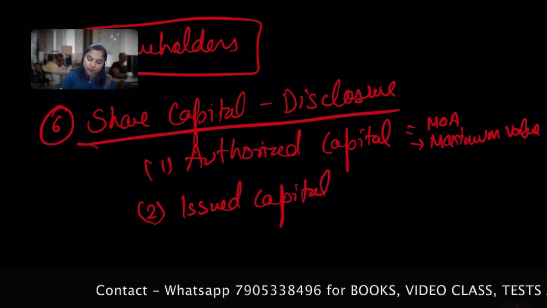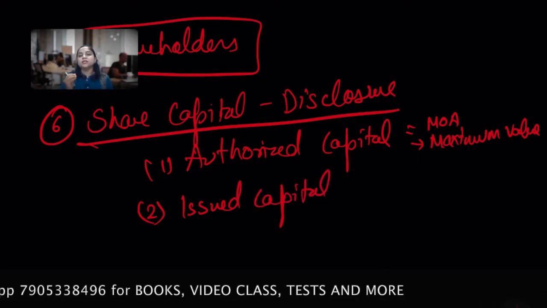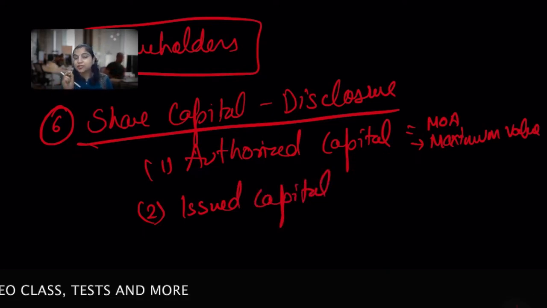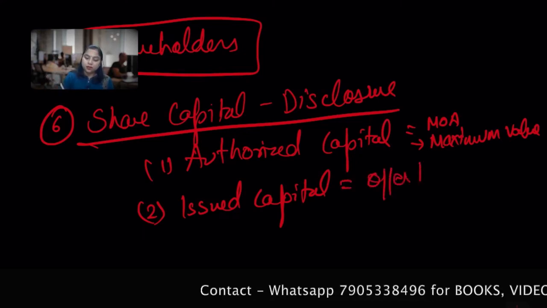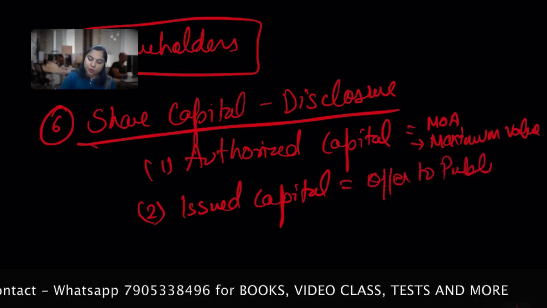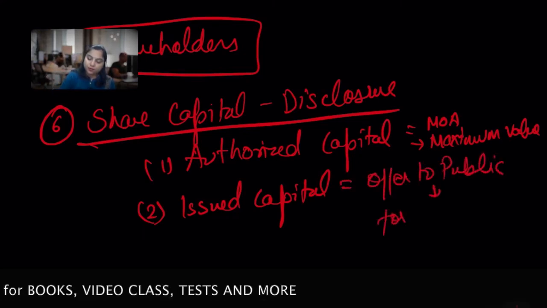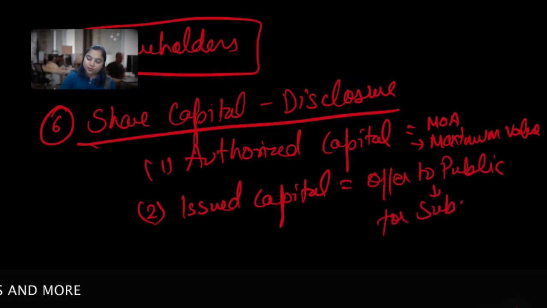Next is issued capital. Issued capital is a part of authorized capital which is offered to the public for subscription. That means you can buy.